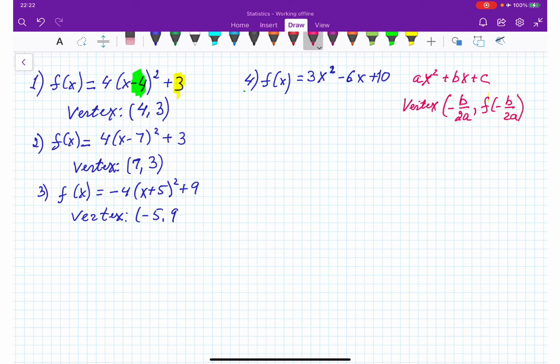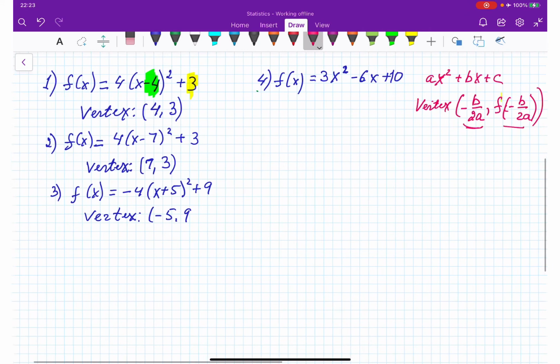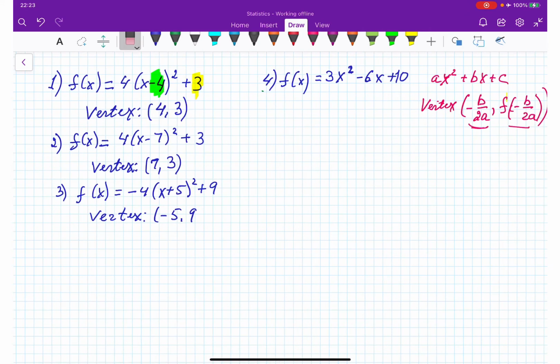Let me explain this so you can understand what I mean. First I'm using this formula to find the value of x, and then this value of x I'm plugging into the expression ax squared plus bx plus c to see how much y will come out. All right, let's do it on this one.